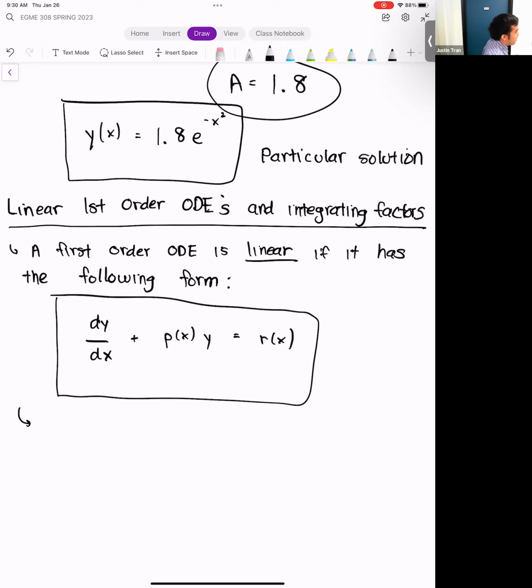And so the thing I want to highlight about this form, so I know right now if you look at it, it's just all variables. Okay? The thing I want to highlight here is that whenever you see y or y prime, the derivative of y, it only appears at a linear order. And so there's no y times y, there's no y times the derivative.